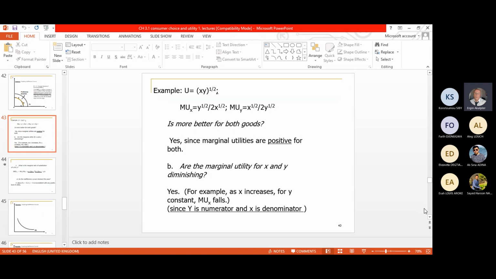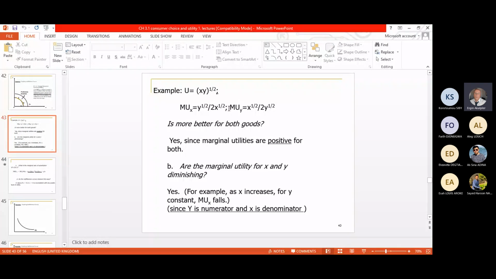Since the marginal utility is the derivation or differentiation of these two points, you have to know derivations, and you have to know how the square root of xy is going to be derived, because you are going to take the marginal utility of x by deriving x first. I show you here, this marginal utility of x is going to be derived. As you see, x is derived, isn't it?